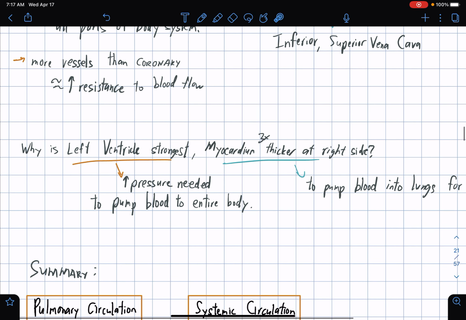Why is the left ventricle strongest and the myocardium 3 times thicker at the right side? For the left ventricle being the strongest, I suppose this part of the heart encounters the most pressure, high pressure needed to pump blood to the entire body.